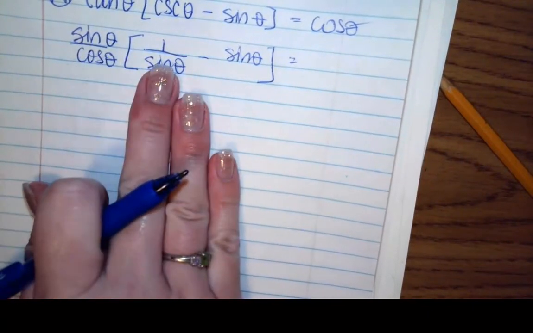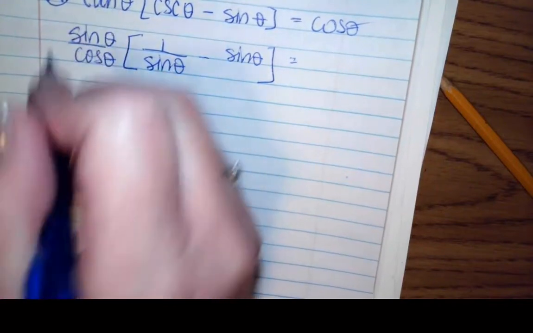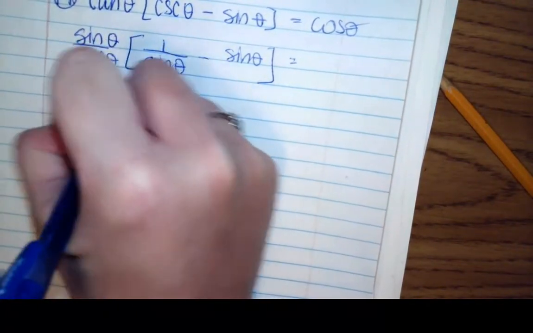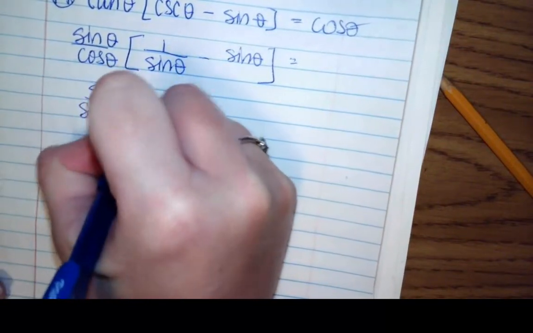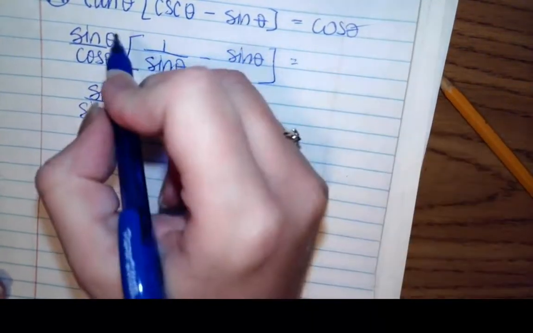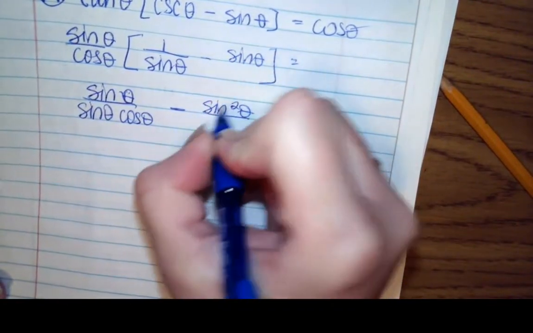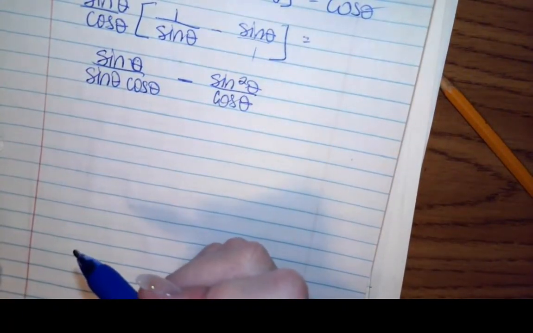When I distribute, I'm going to get a sine times 1 and a cosine times sine, so sine theta over sine cosine, and then minus sine squared over cosine theta, because that's over 1.